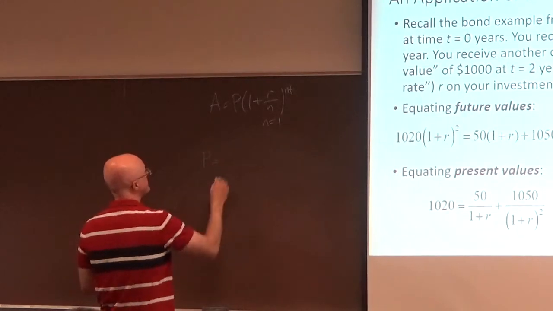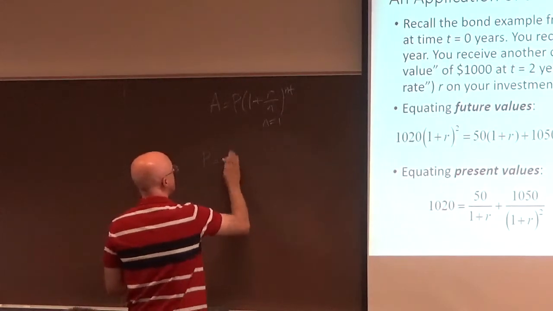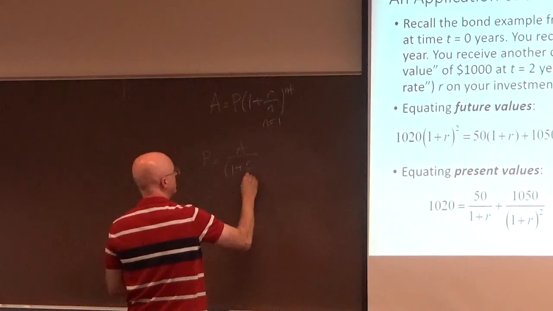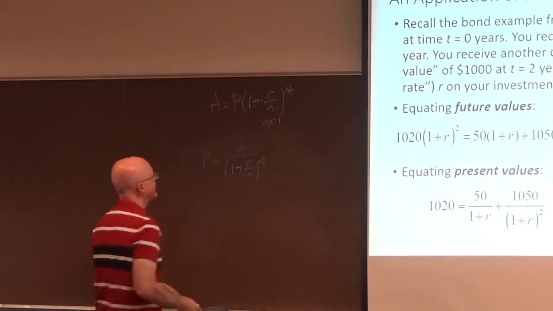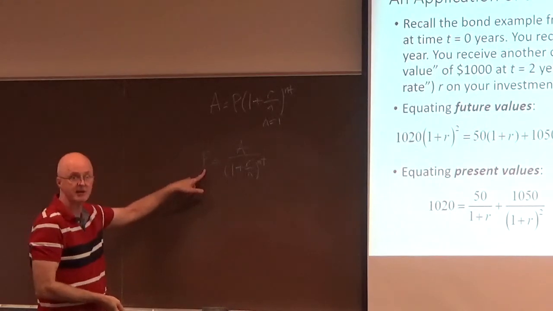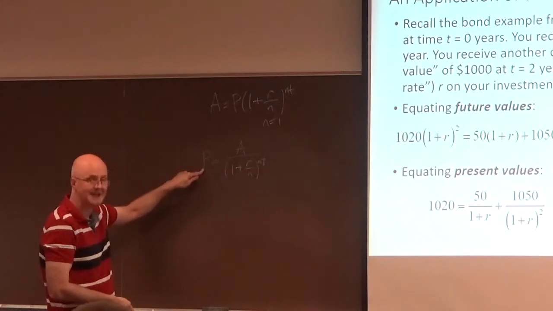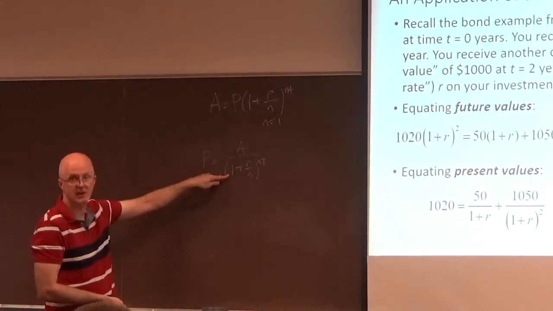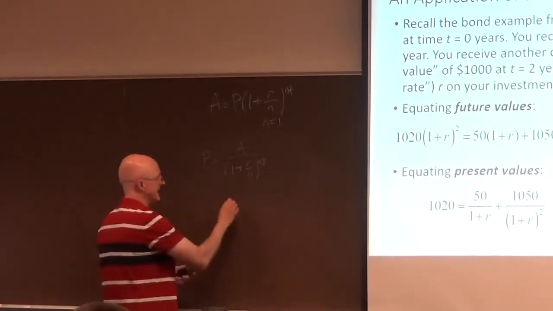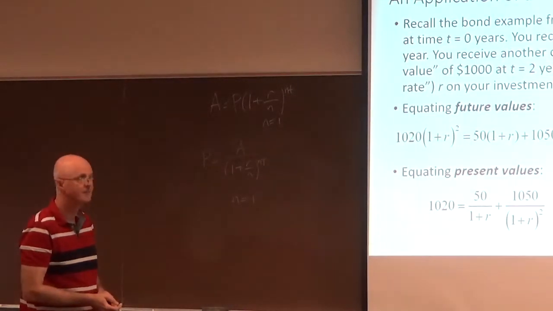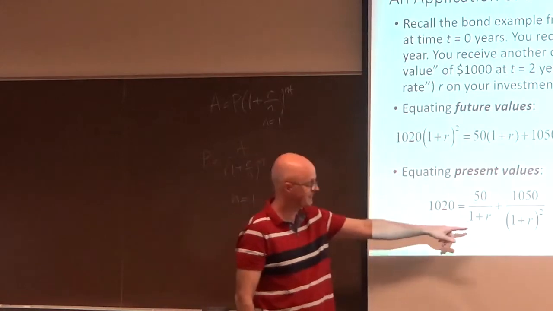I can divide both sides by 1 plus r over n to the nt power like this. And now I can think of the p as representing present value. The value of a future payment at time 0 divided by 1 plus r over n to the nt power. And again, in our application, p equals 1. That's why I divide.